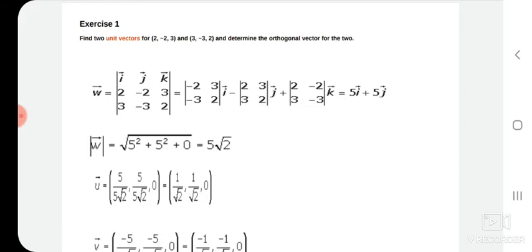Plus 2 into minus 3, it gives minus 6, minus 2 into 3, minus 6, minus minus plus 6. Minus 6 plus 6 get cancelled, that is why the k component is 0. Therefore omega, the third vector, is equal to 5i plus 5j.